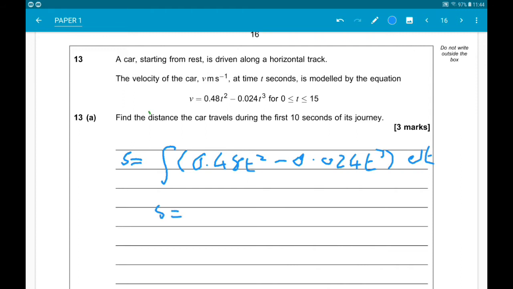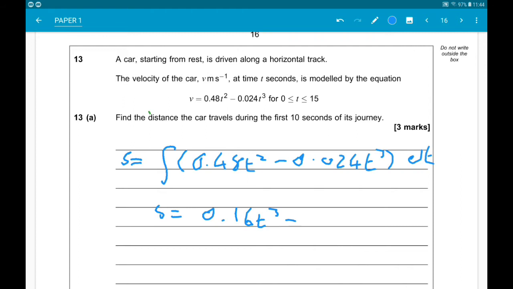Okay, so for that, we are now going to get 0.48 t cubed over 3, so that's 0.16 t cubed, minus 0.024 t to the power 4 divided by 4.